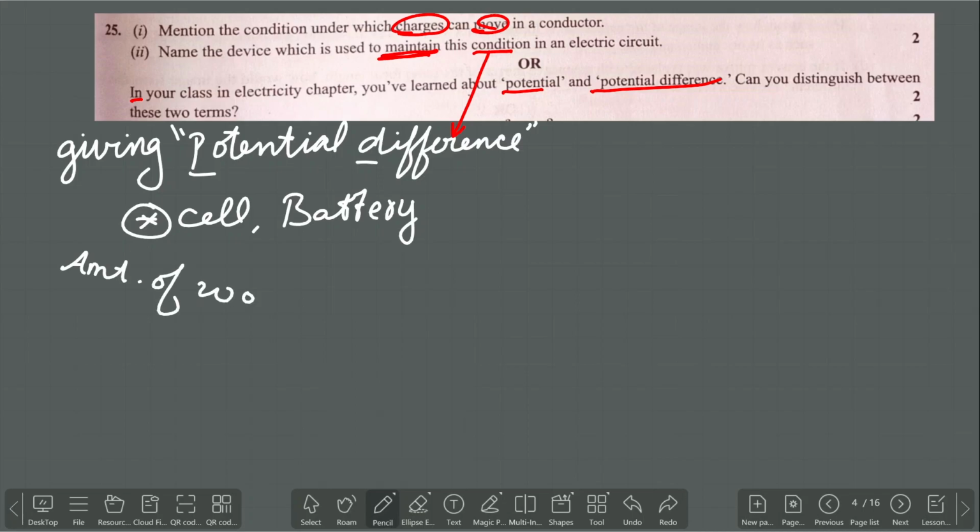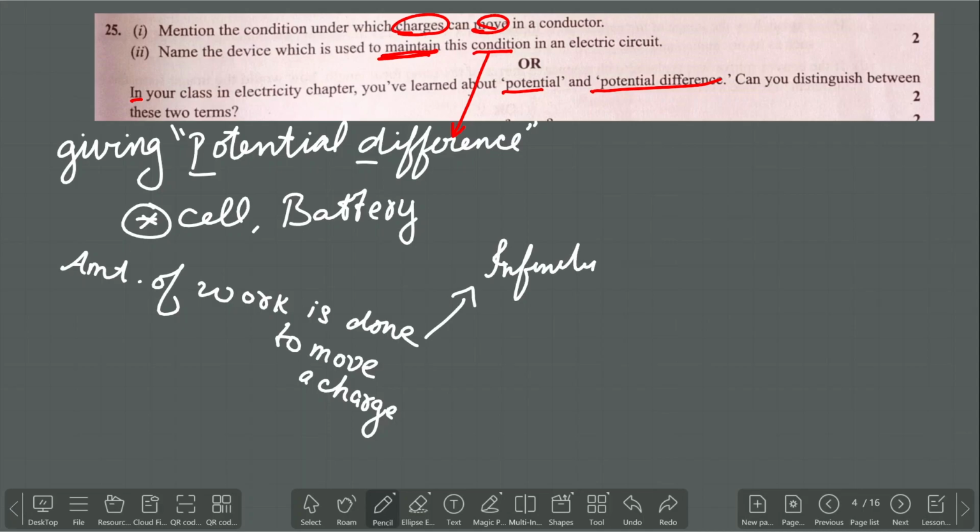So the amount of work done to move a charge, clear? If you are going to move a charge from infinity to a specific point, from any one point to a specific point, then by that time we will be using the term potential.